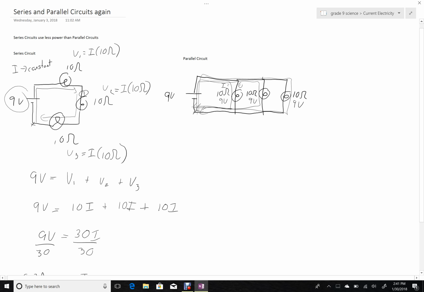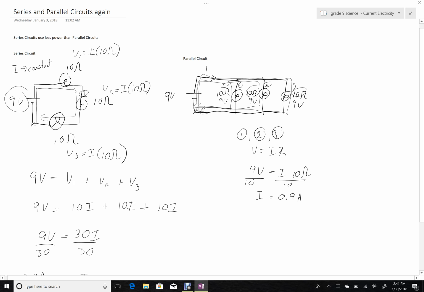So let's go this 1, 2, 3, although it's the same for all of them. V equals IR, and in all cases here I have 9 volts and a 10 ohm resistor, and so I'm getting a current of 0.9 amperes. I could do that for 1 or 2 or 3. Since I've made all these resistances the same, the calculation works out the same.